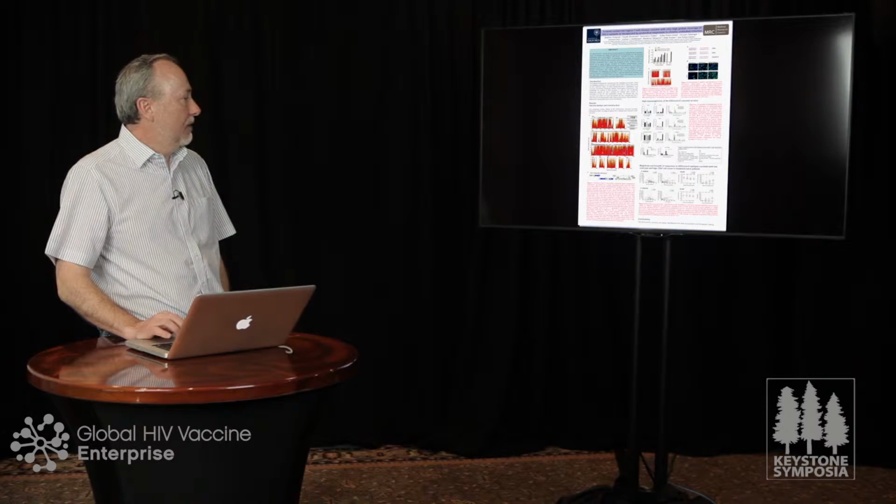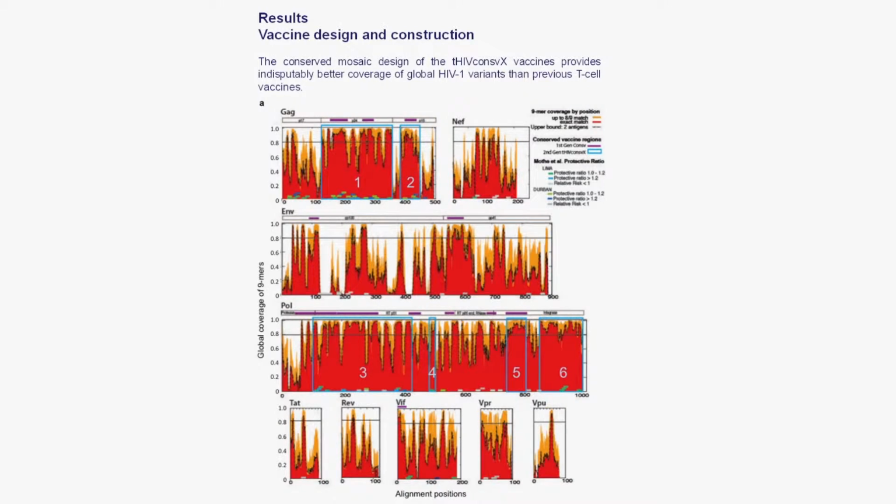And this is shown on the first figure. The first figure shows the coverage of the bivalent mosaic to global variants in group M. The more red it is, the better coverage there is. So we are looking for the most red regions, and this is GAG, and this is POL, and this is NEF, and these are the other smaller proteins.